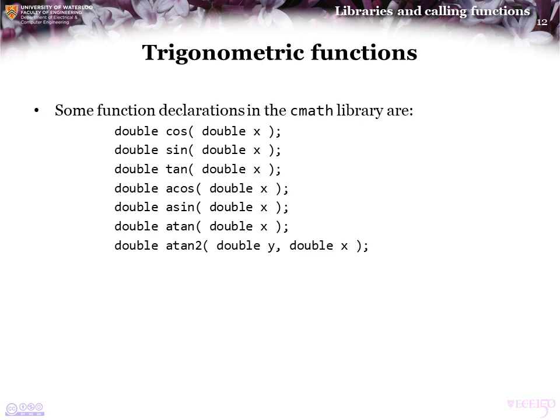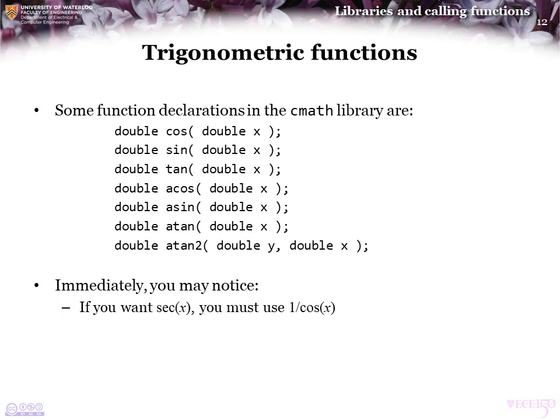Some of the function declarations in the cmath library are for cosine, sine, tan, inverse cosine, inverse sine, inverse tangent, and an interesting one, atan2, that takes not one but two arguments. Immediately notice, if you wanted to determine the value of secant of x, there is no such function declaration, and therefore you must use 1 over cosine of x.